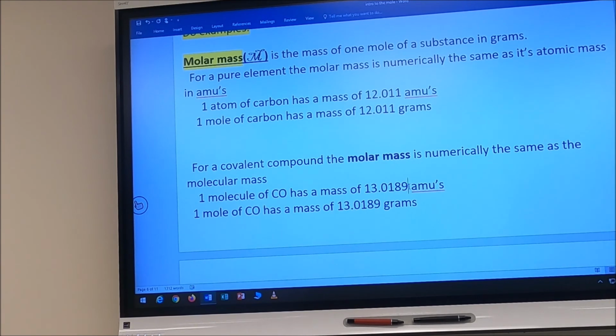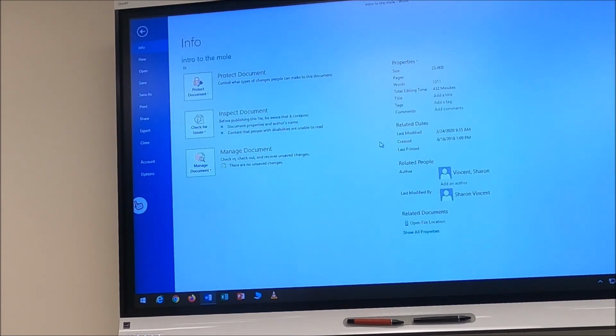So let's fix this. 1 molecule of carbon monoxide has a mass of 28.01 AMUs, and 1 mole of carbon monoxide should be 28.01 grams. Okay, let's save that.